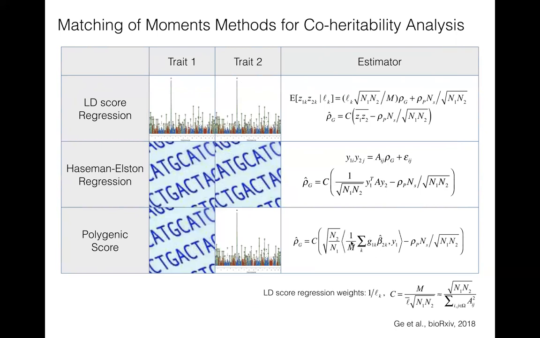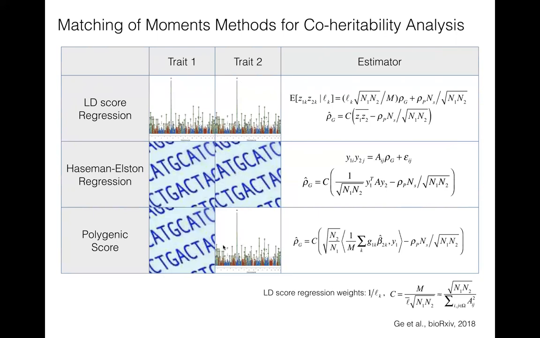And we do an inner product between this polygenic score and the first trait, and then properly shift and scale this inner product. And this also gives a co-heritability estimate. And we can also show that these three co-heritability estimators are statistically equivalent. So depending on what data types you have, you can choose the most appropriate, most computationally efficient estimator.